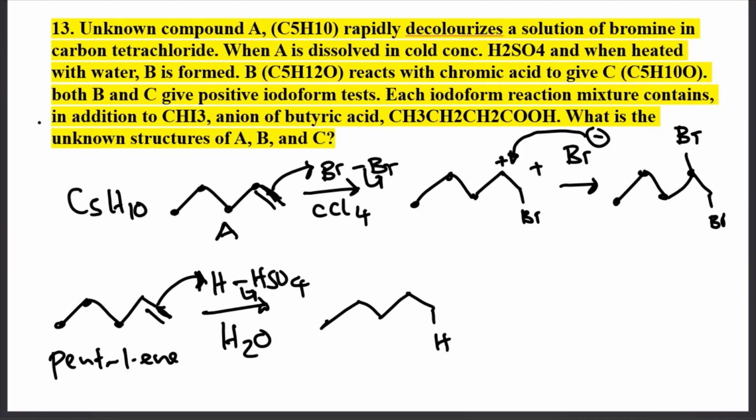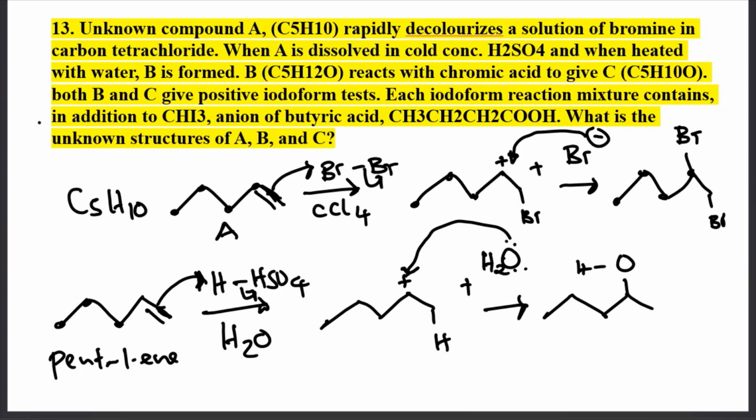And then there will be a positive charge here. And then the water in solution, like that, will come and attack there. So it will be like this. Positively charged.